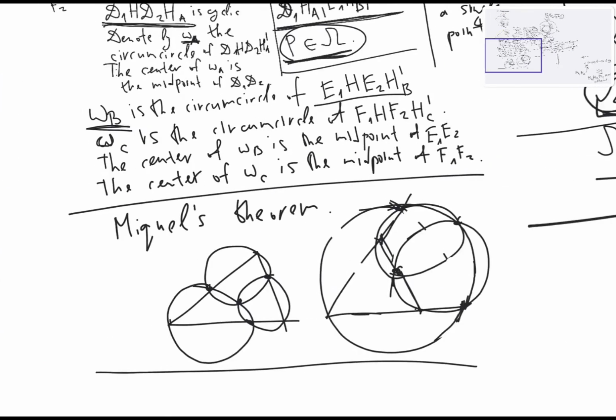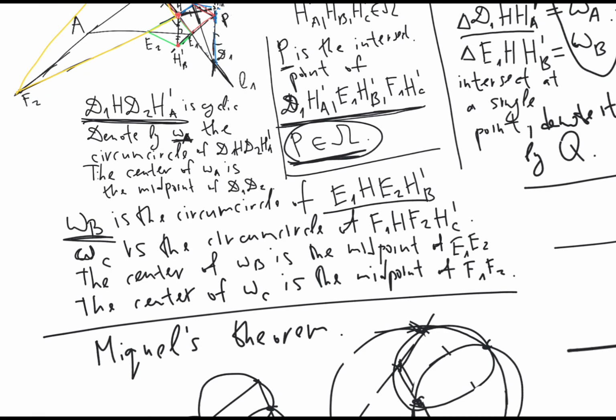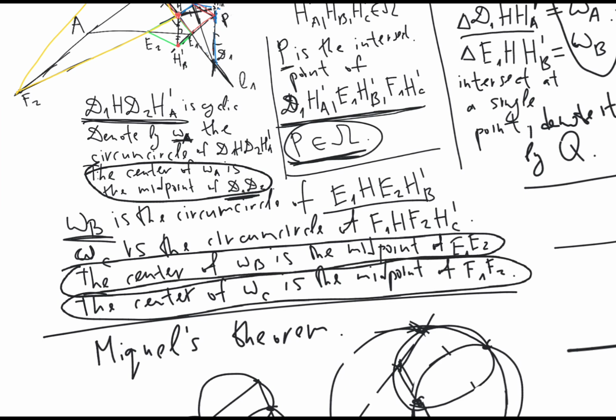Because the centers of these circles are exactly the midpoints. The center of omega A is the midpoint of the segment D1, D2. The center of omega B is the midpoint of E1, E2, and the center of omega C is the midpoint of F1, F2.